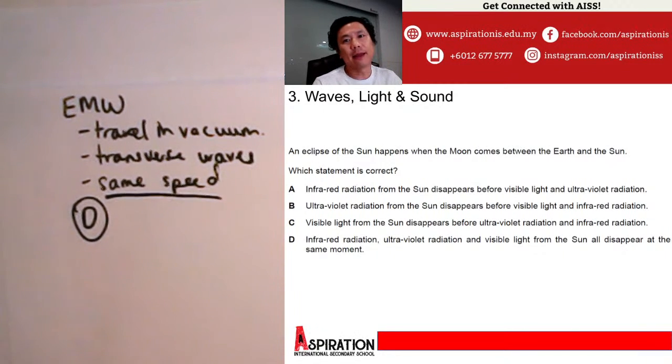The moon comes in between, so the infrared radiation, ultraviolet, and visible light from the sun all disappear at the same moment because we assume that the speed of all electromagnetic waves is the same. I found this question a bit tricky. So the answer is D because all waves travel at the same speed. Okay, well done. Moving on.